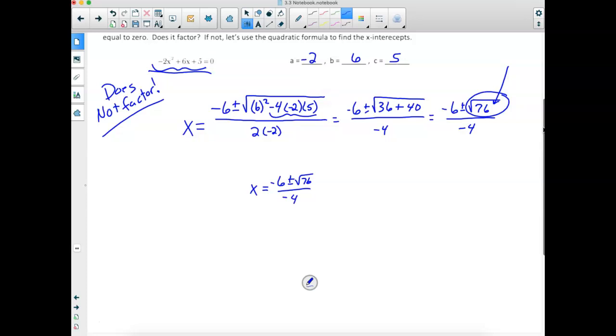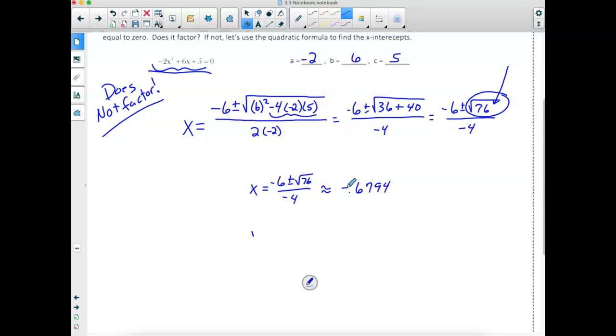Well, that is going to be approximately equal to... so when I take x equals -6 plus or minus the square root of 76 divided by -4, and I let my fingers do the walking through my calculator, I'm going to approximate these. This is approximately equal to -0.6794.